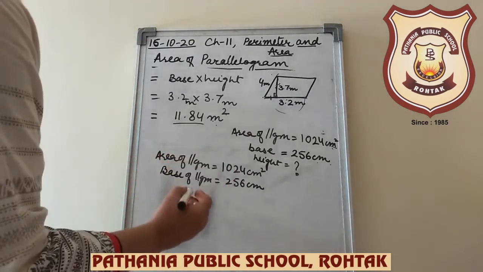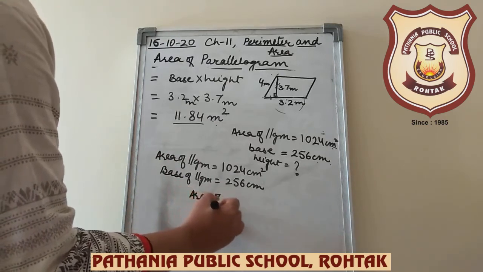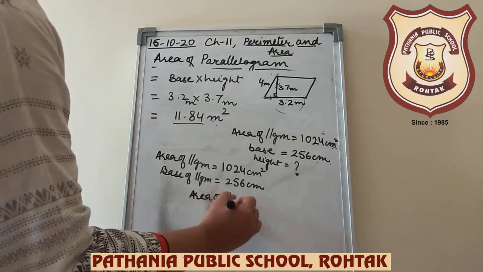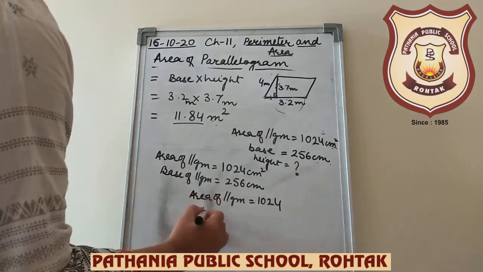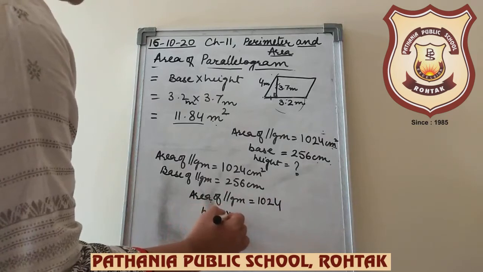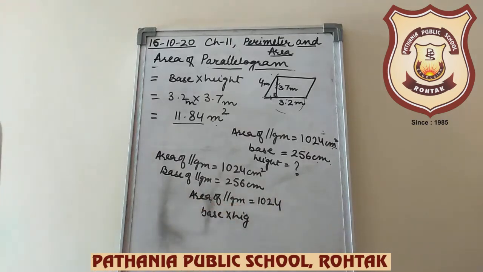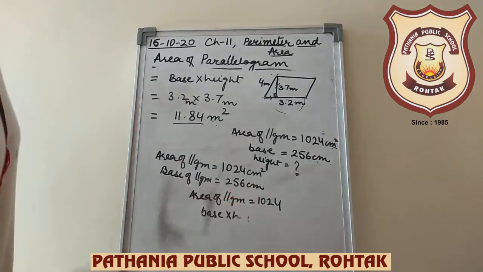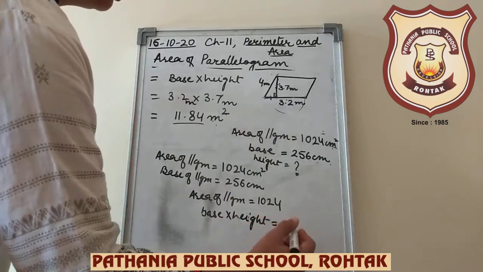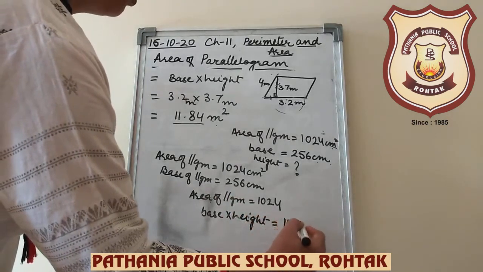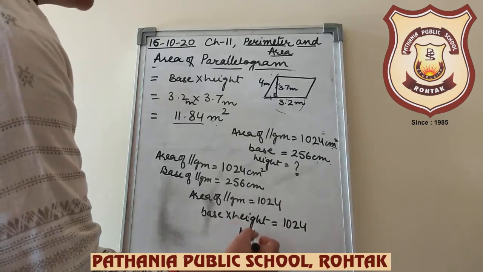So the formula is area of parallelogram is base multiplied by height, and this is equal to 1024. So height you have to calculate.